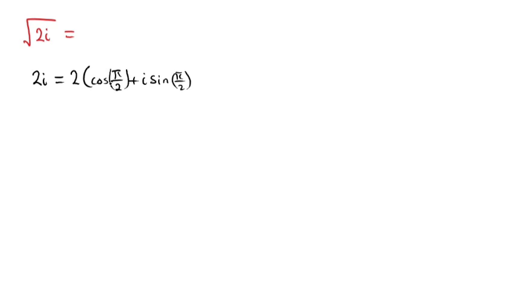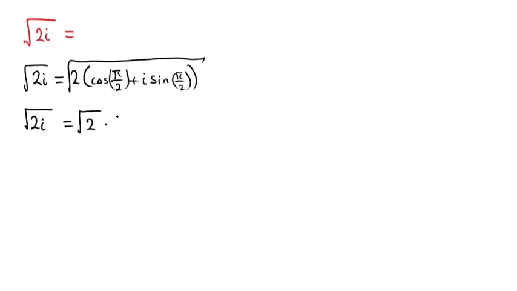Now, cos pi over 2 is 0. Sine pi over 2 is 1. So 1 times i is i. So i times 2 will get back the 2i. So to this expression that I have here, I can introduce a root to both sides. So the square root of 2i is equal to root 2 multiplied by open bracket, cos pi over 2 plus i sine pi over 2.